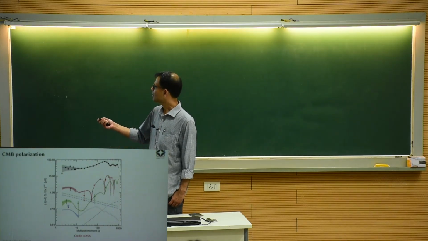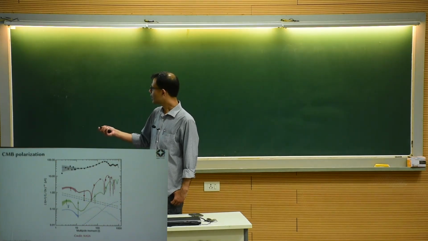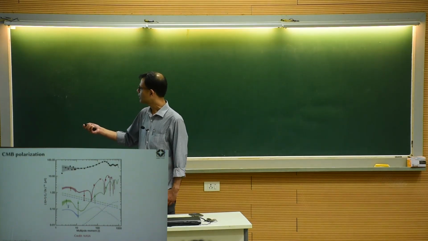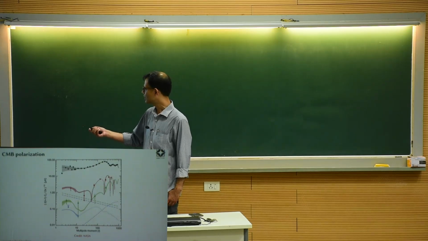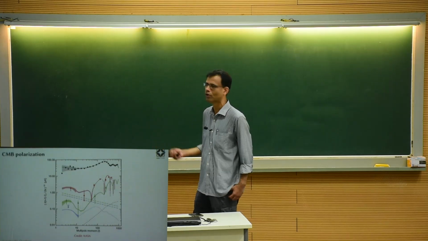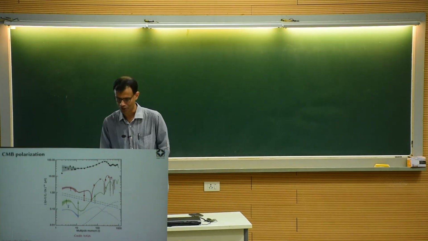These are the temperature fluctuations which were shown in the previous plot. These are different kinds of polarizations. This one is the cross correlation of temperature and E mode polarization. This is the E mode polarization. Don't worry what E modes are. Then there's something called B mode polarization. So these are different kinds of polarizations which one can observe.